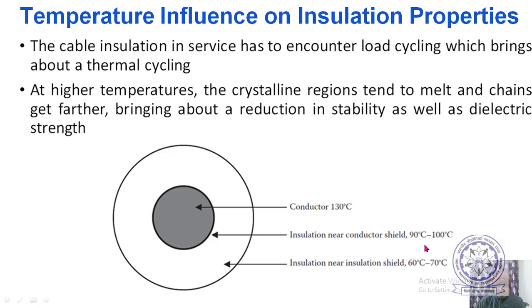Insulation near the outer shield is expected to be at 60 to 70 degrees centigrade. Therefore, the cross-linked polyethylene, which has a good degree of cross-linking, will not change its shape and will not get deformed. That's why cross-linking is also important for cable insulation.